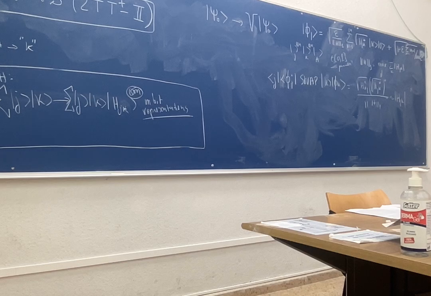That's what really matters here: by building this state and calculating the expected value of the swap operator on this state, we are going to get an operator which is proportional to the Hamiltonian.